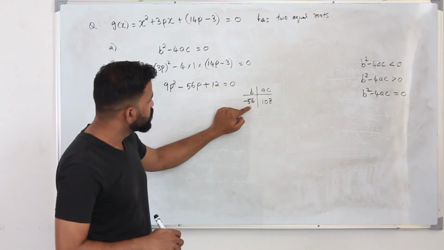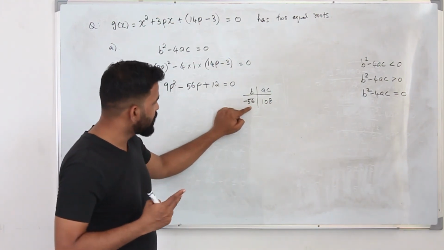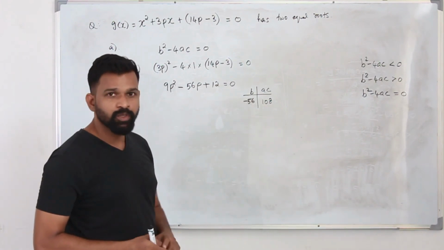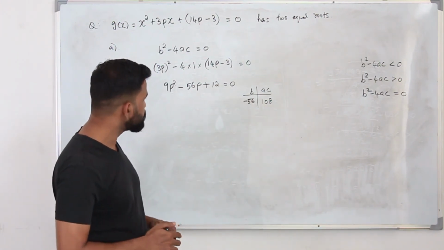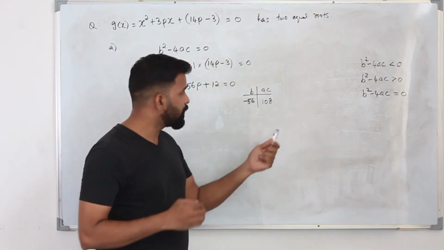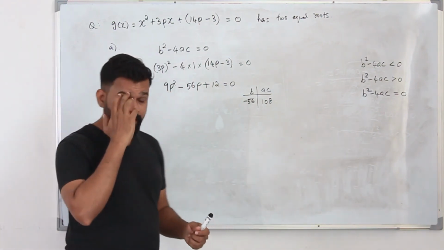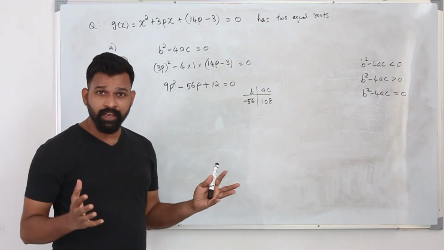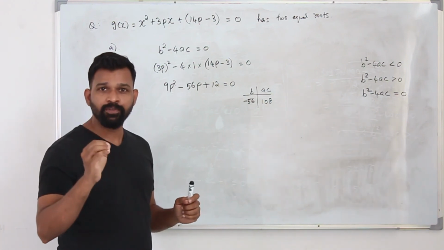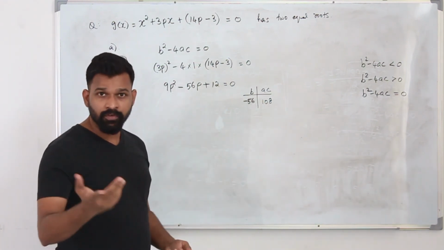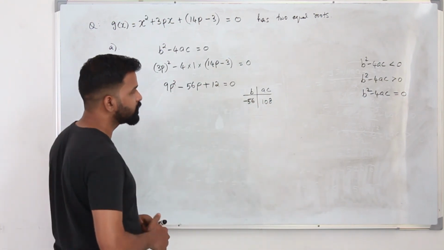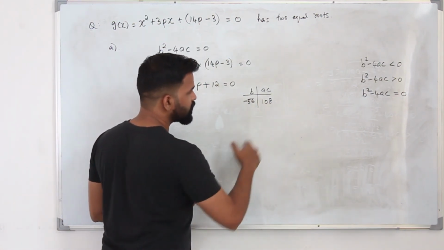Now you need to look for 2 numbers which add to minus 16 and multiply to 108. Or if you want, you can do that by looking at the factors of 108. You're allowed to use your scientific calculator. Plug in these values, it will give you straight away the 2 values of x. That's much easier.